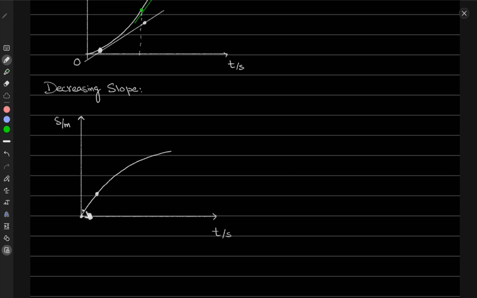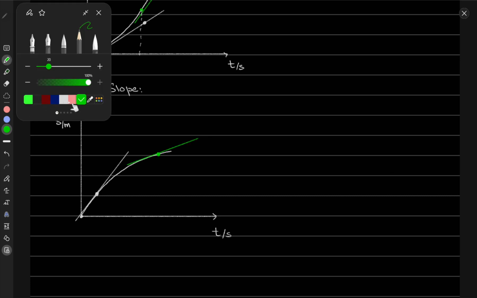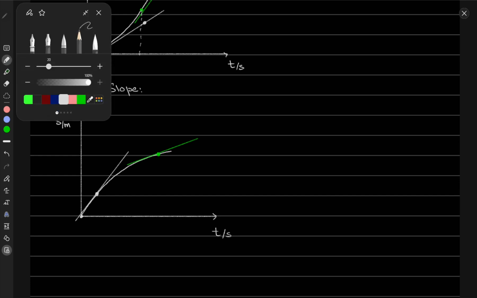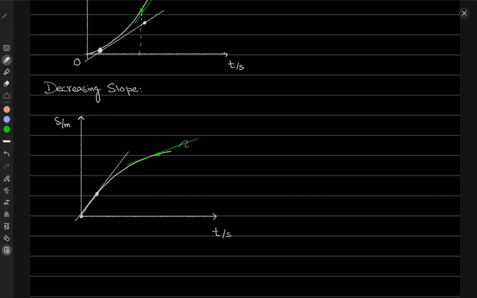Because, well, we can check, because if I have a point over here and I need the velocity, I'll use the same trick. I'll draw a tangent to this point and it would look something like this. And suppose now if I want a velocity at this point, then the tangent at this point looks something like this. And I can clearly see that the velocity in this case is really decreasing.